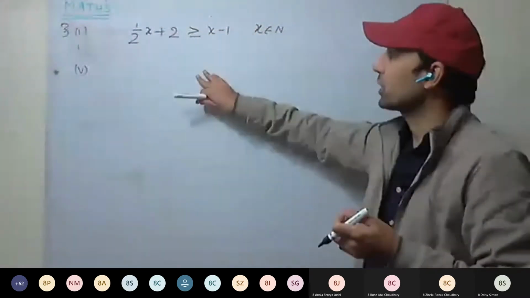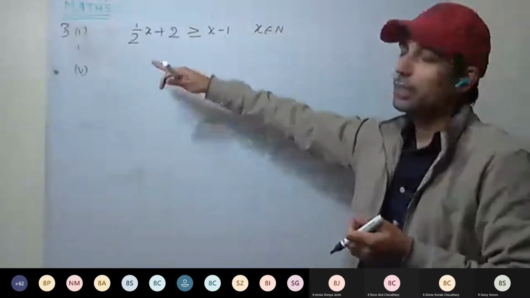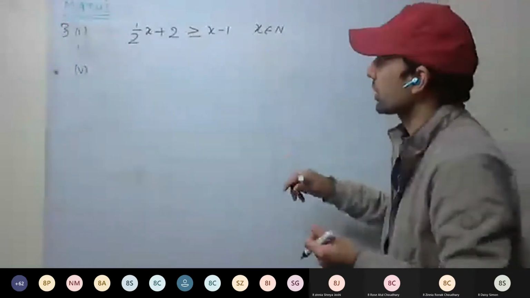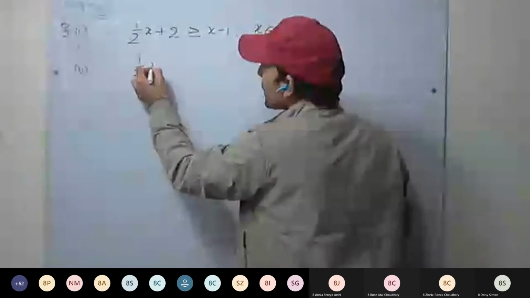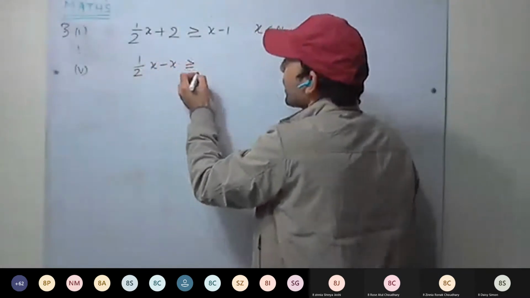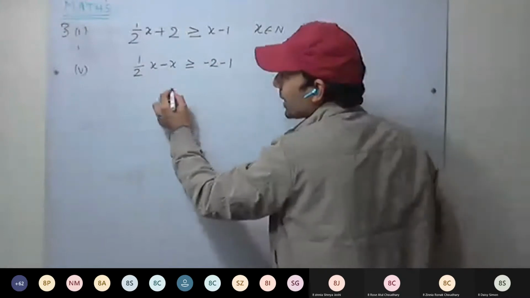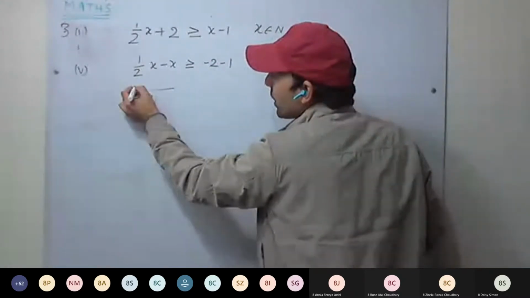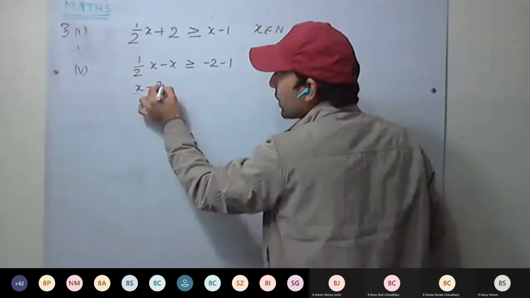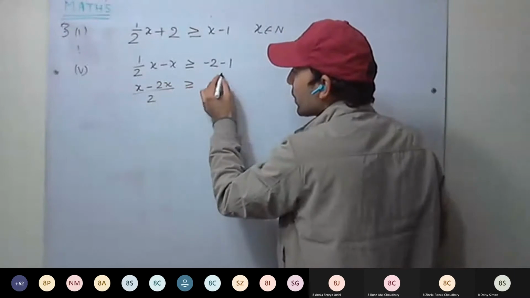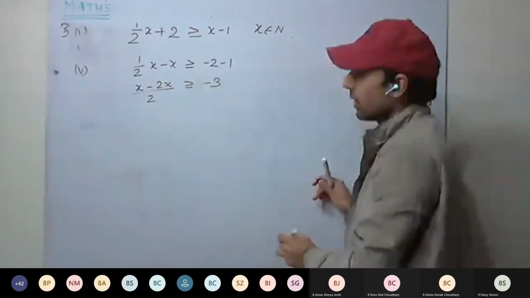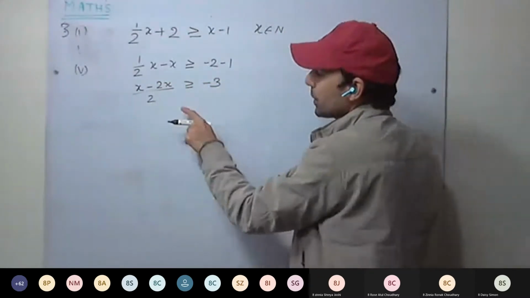Okay, so how will we proceed further? All the x terms on one side, all the constants on the other side. Okay, so 1 by 2x minus x greater than or equal to minus 2 minus 1. Take the LCM 2. It will be what? x minus 2x greater than or equal to minus 3. Understood this one? If you have doubt, ask immediately. Okay.